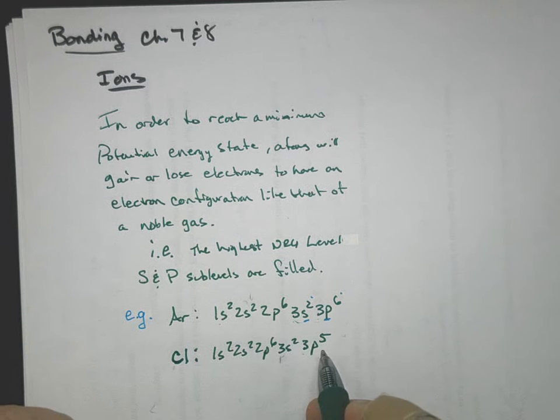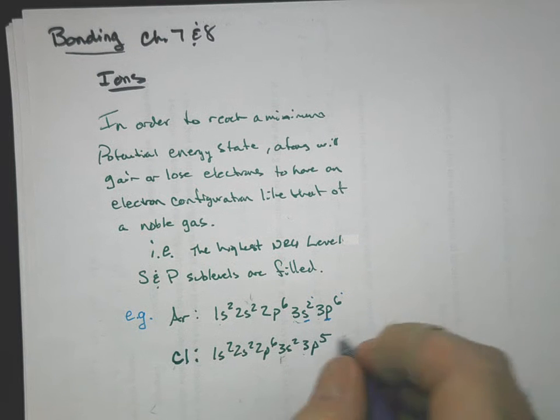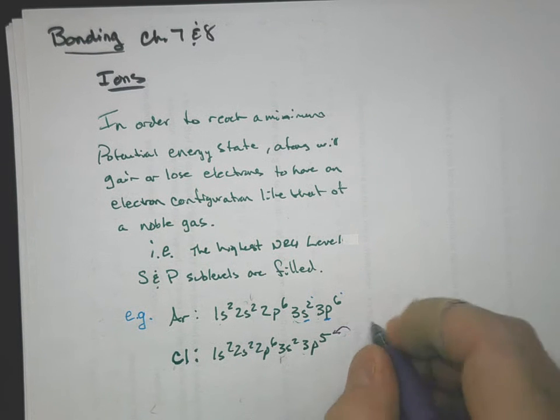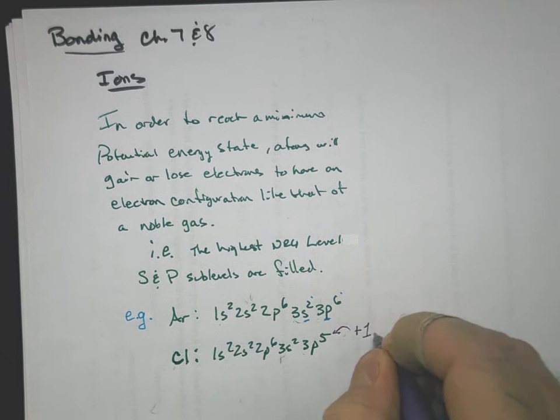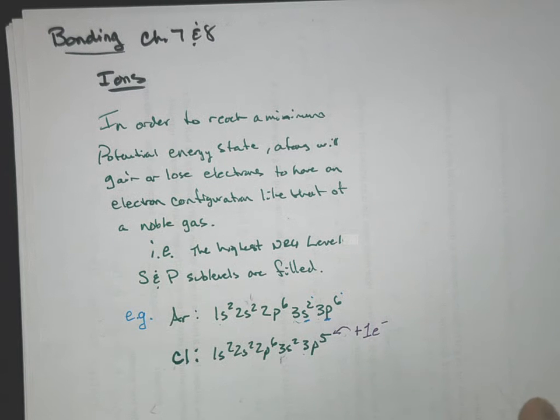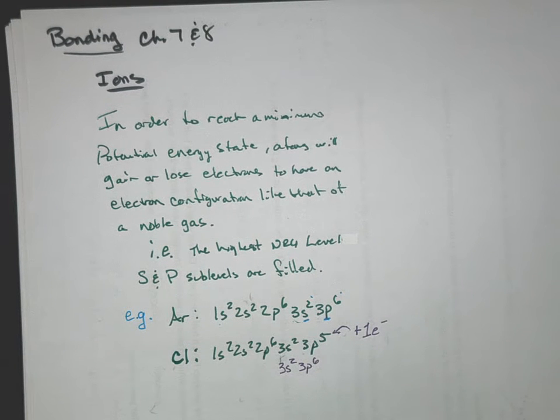So what's it going to do? Okay, it's going to try and gain an electron. It's going to try and reach this electron configuration. And so right into this sublevel, we add 1 electron. Okay, when we do that, then we get our 3s2, 3p6, and our electrons in happy fun time.